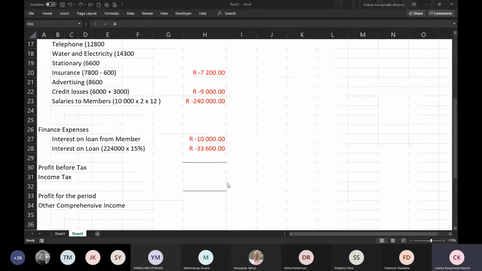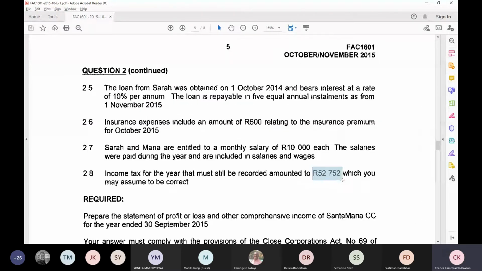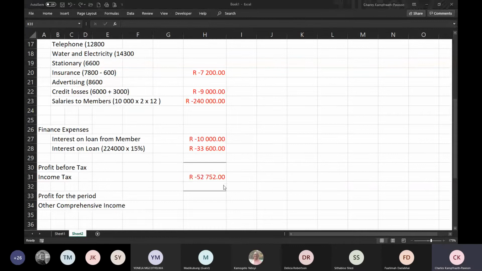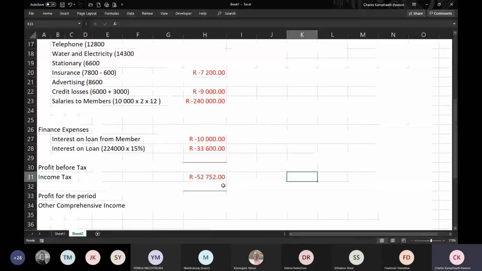So income tax given as 52,752. And that is that.